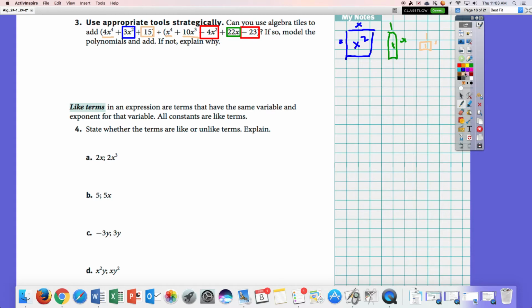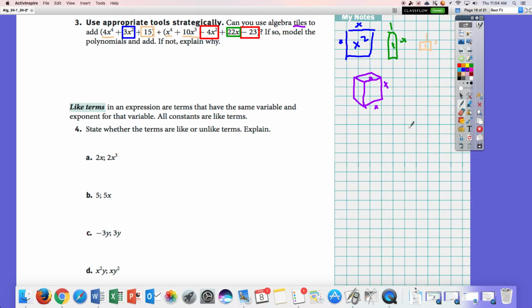Well, in that case, what we would be looking for would be a cube. x cubed gives us a cube. That, by definition, is not an algebra tile. Yes, it has length of x, width of x, and a height of x, which gives me x cubed. We don't have cubes. We're looking at algebra tiles, two-dimensional figures.